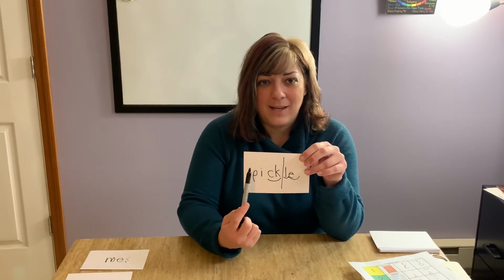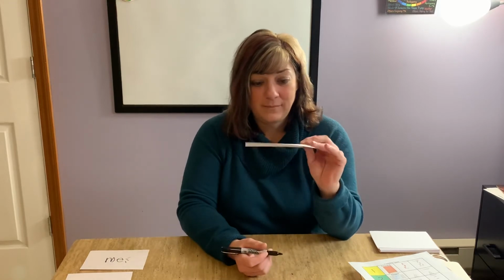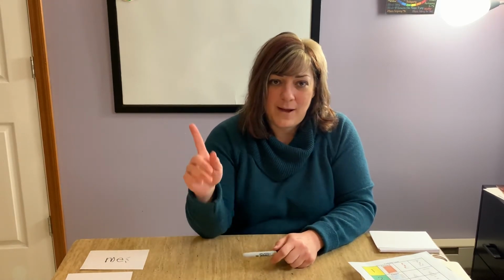So we have P, I, K, and then ul, pickle. So that is the exception, or the different part of the consonant LE rule. If we don't have a CK, then we count back 3 spots to divide. And if we have a CK, they stick together like glue, so we only count back 1, 2.